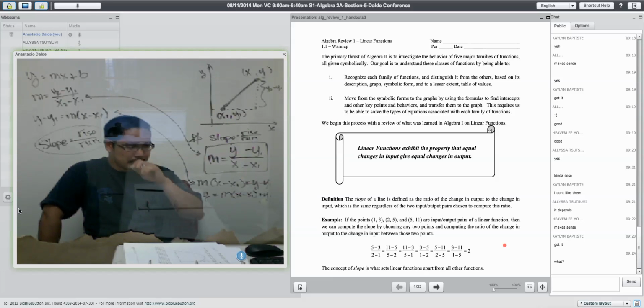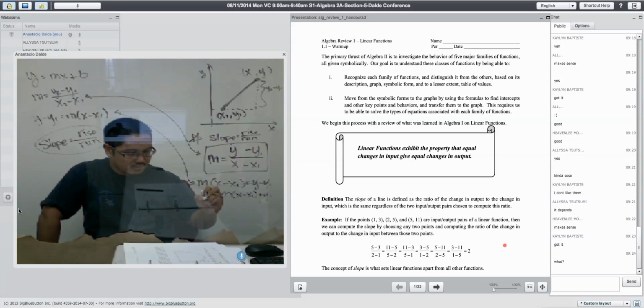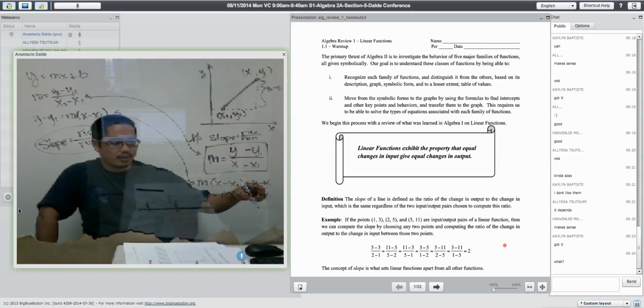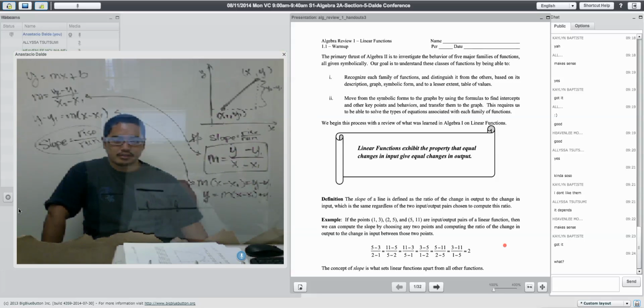Okay, then all I did was I said, all right, I'm going to solve for y. I'm going to get y all by itself. If I add y1 onto the other side, that's all I did. Does it make sense to you? Okay.